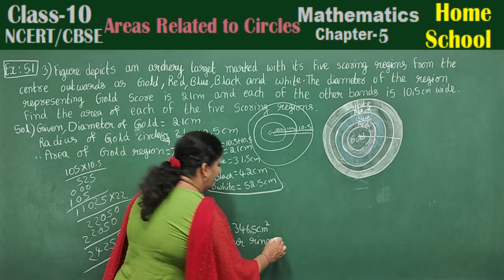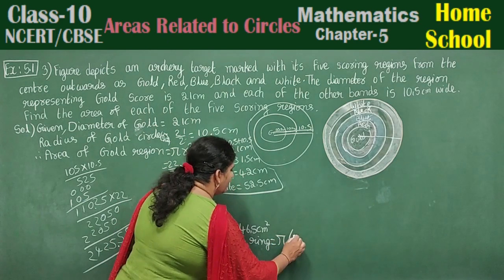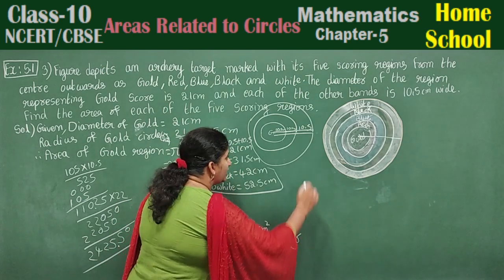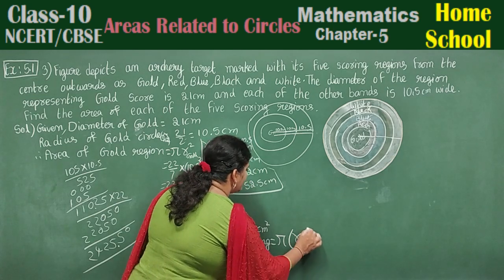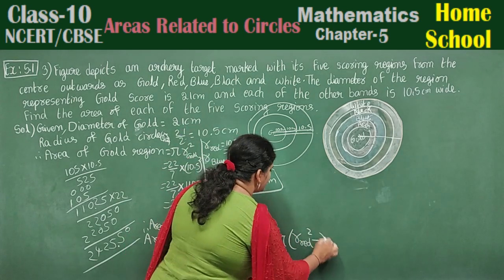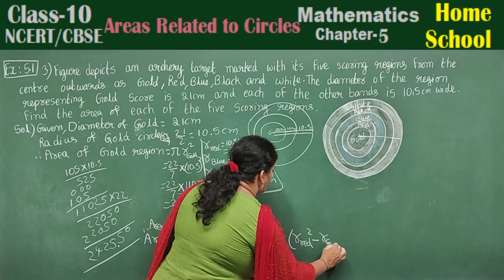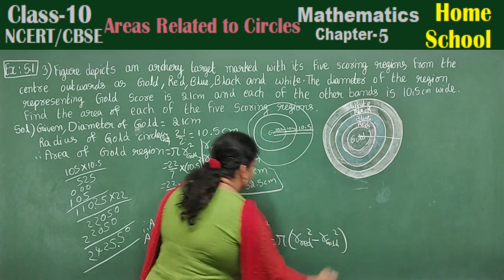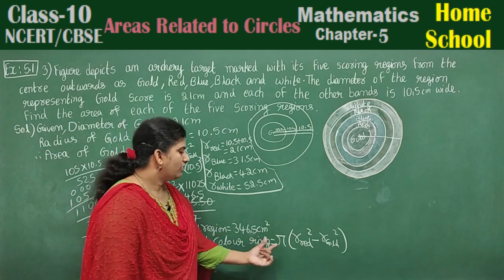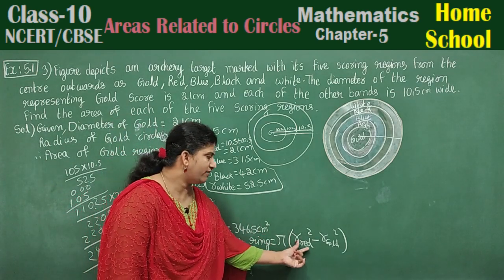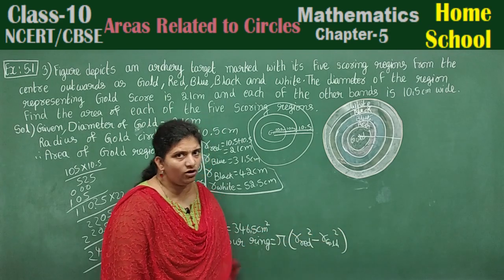So that will be pi into r, which color you have outside? Red. Radius of red square minus radius of gold square. Okay, that's it. Remember easily and try to write neatly. Pi of radius of red square minus radius of gold square.